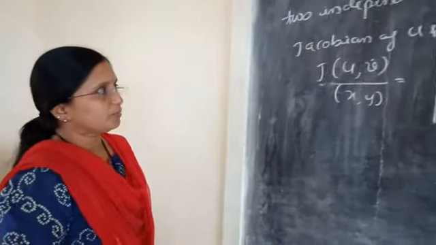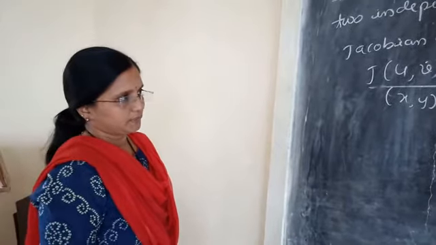So this is the Jacobian of u and v with respect to x and y.